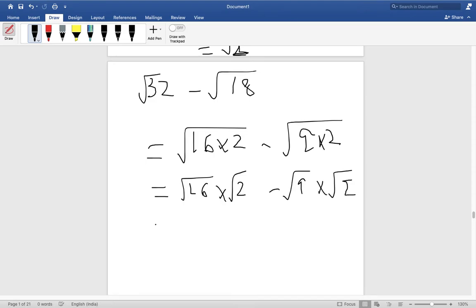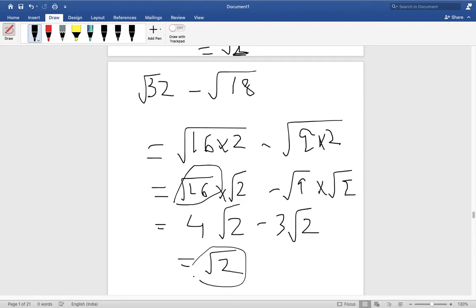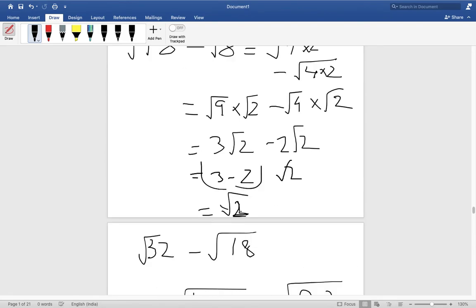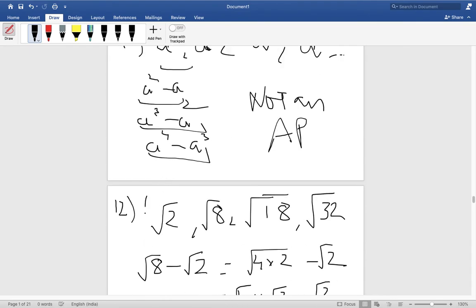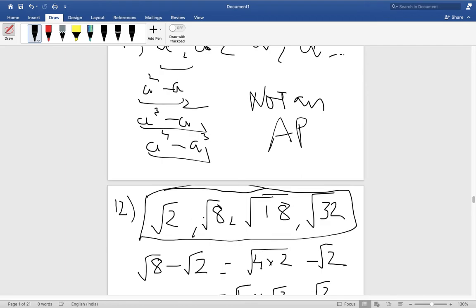I'm just repeating what I did above. 16's square root is 4. 9's square root is 3. 4 minus 3 is 1. So square root of 2. So square root of 2 here, square root of 2 here, square root of 2 here. So this is an AP. Whereas when you look at it initially, this does not look like an AP at all. So this was a good question, I must say. This was a tricky one. So this is an AP.